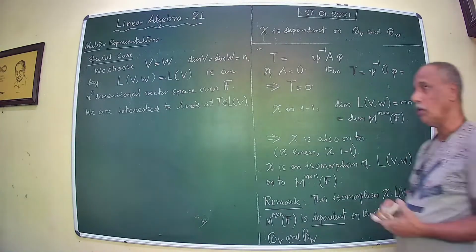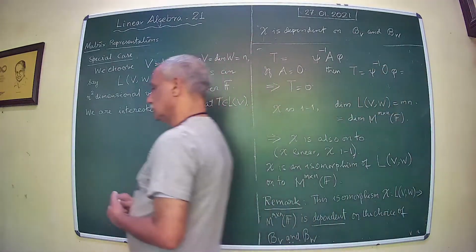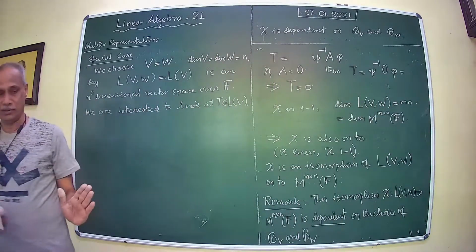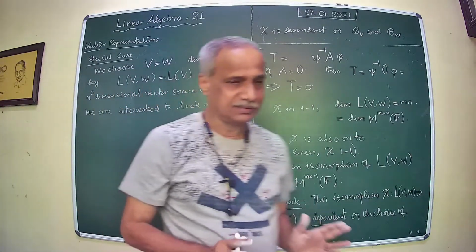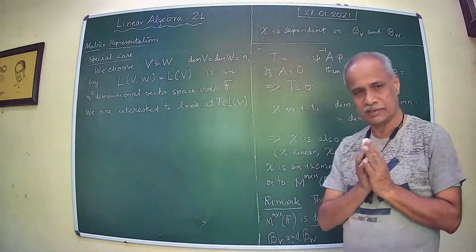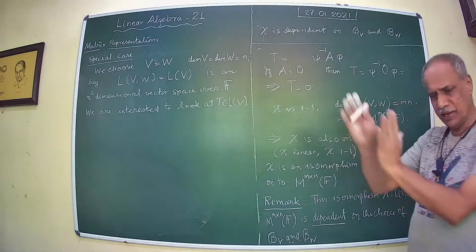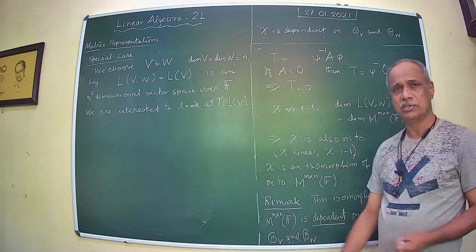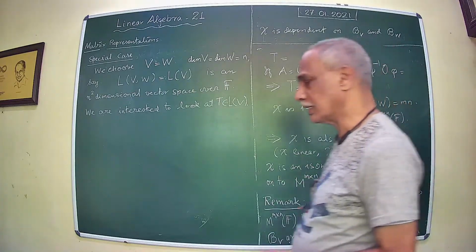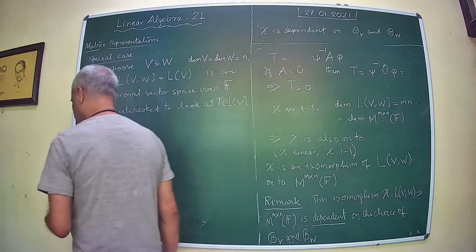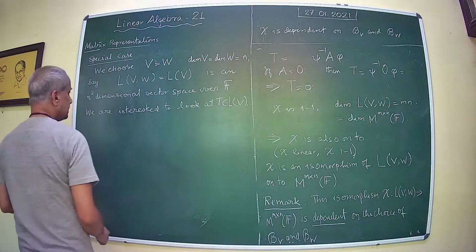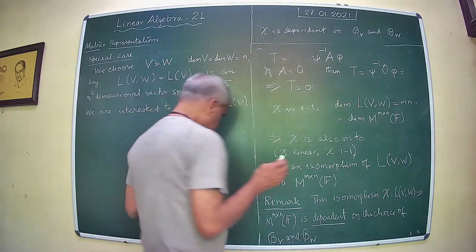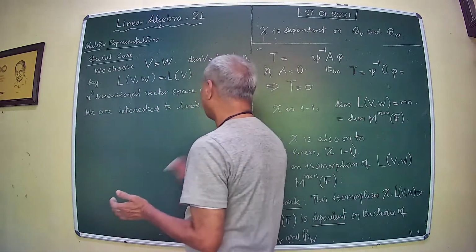Now we have already seen that if you have three finite dimensional vector spaces, say U, V, W, then we can talk about the composition of linear transformations. So we are only interested in LV.